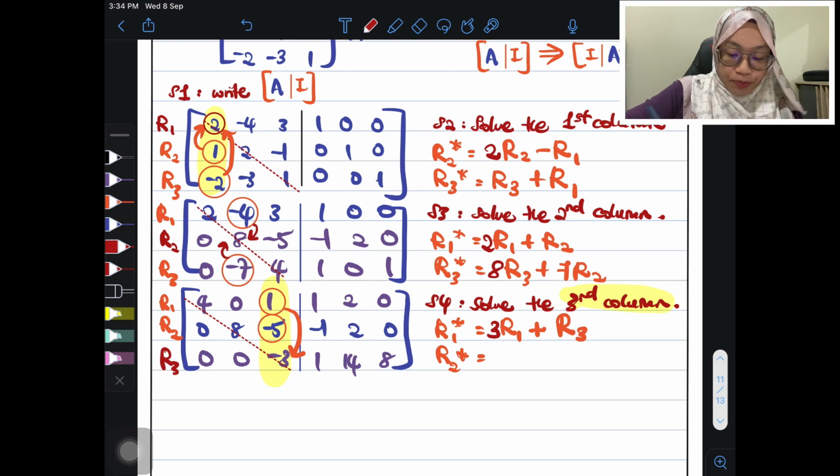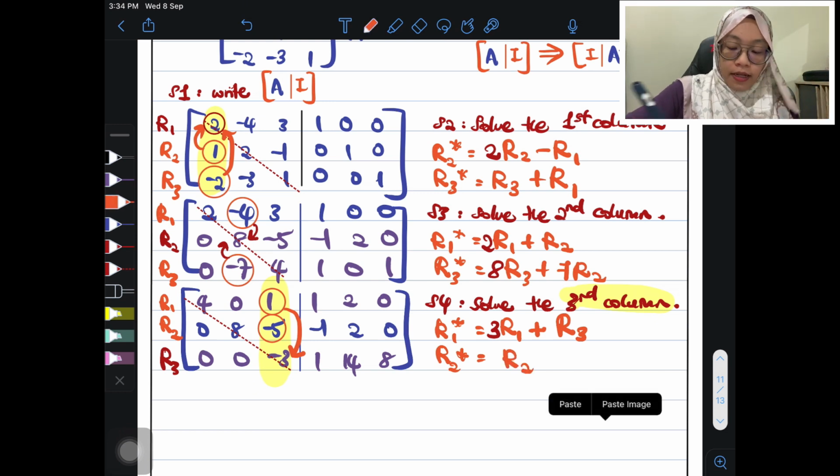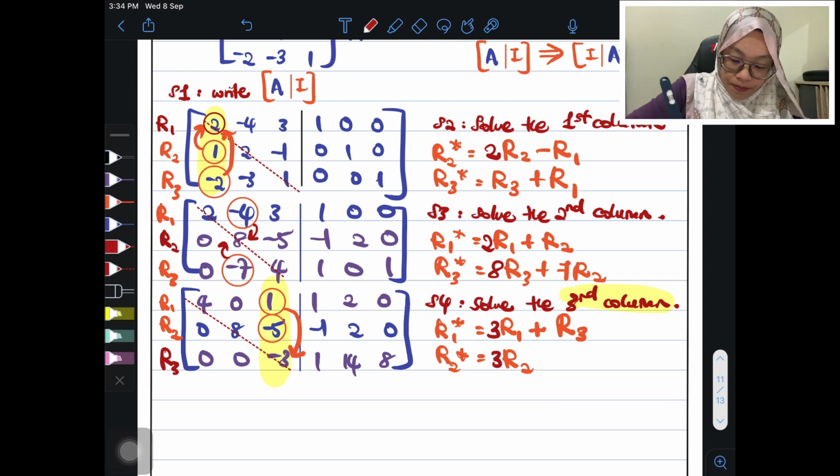Okay, so now row kedua, the R2 star, row kedua yang baru akan start dengan row kedua juga. The thing is, you must times it with 3. Row kedua mesti darabkan dengan 3 dulu sebab you akan dapat negative 15. Oh, negative 15, aku perlu tolak ke tambah tolak ni?